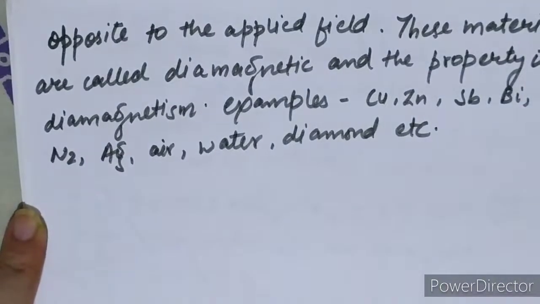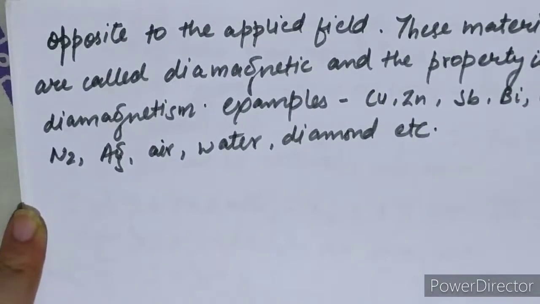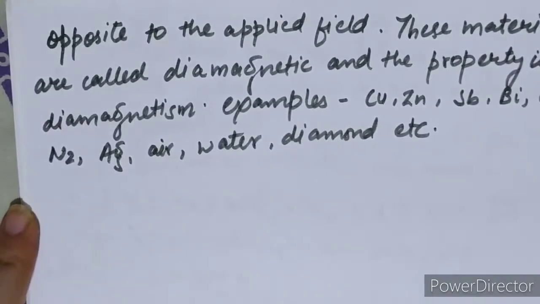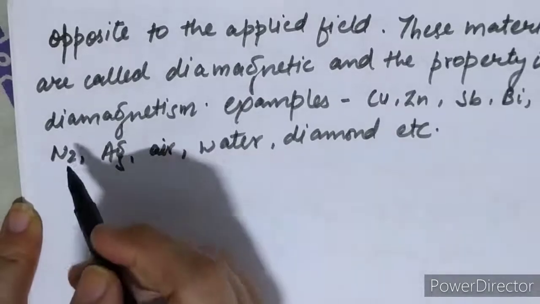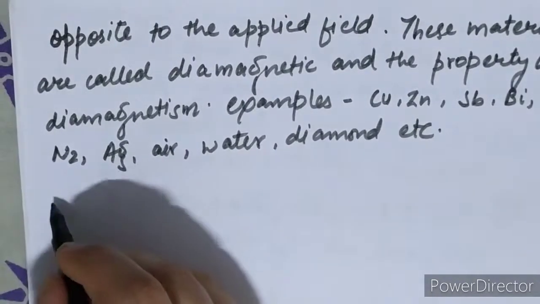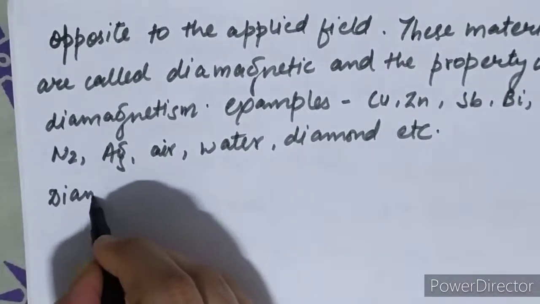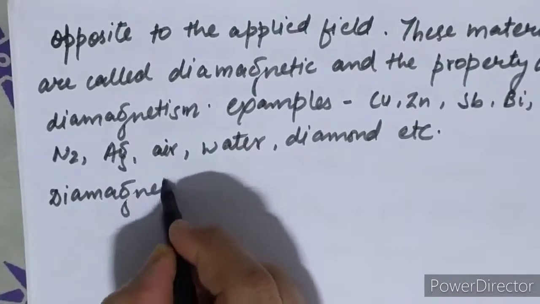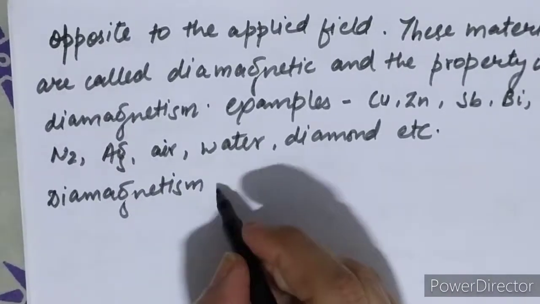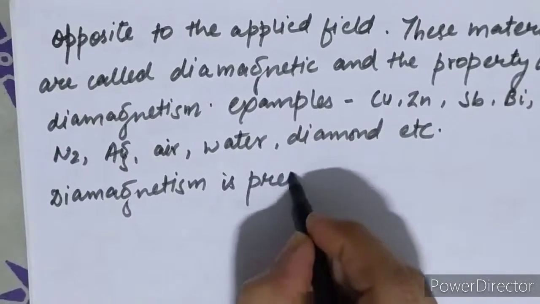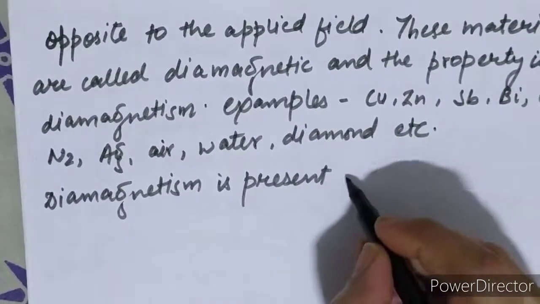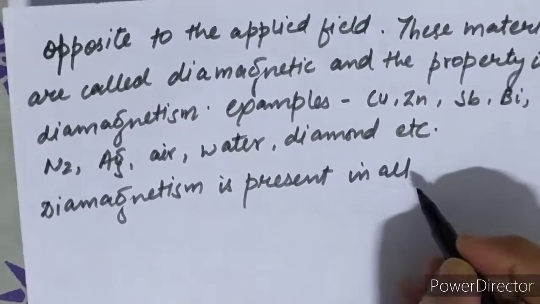Now, mostly diamagnetism is present in all the substances.